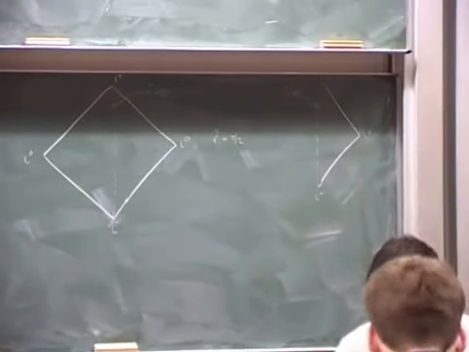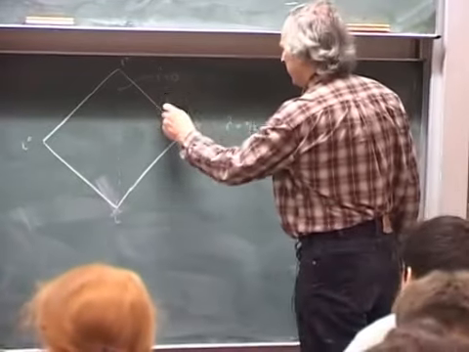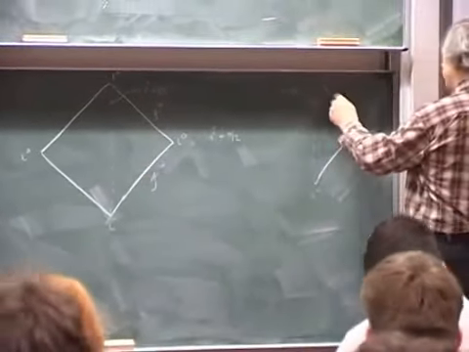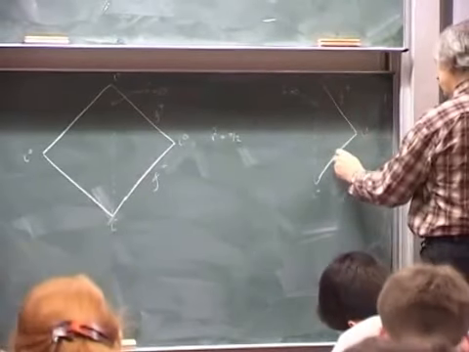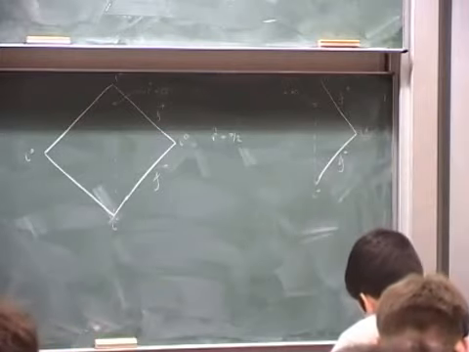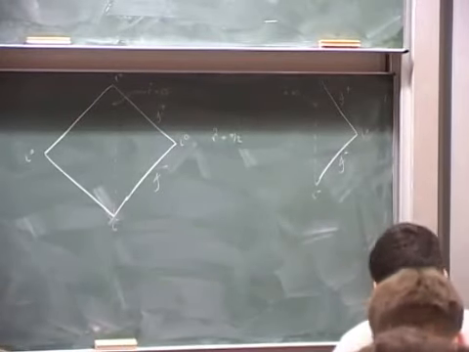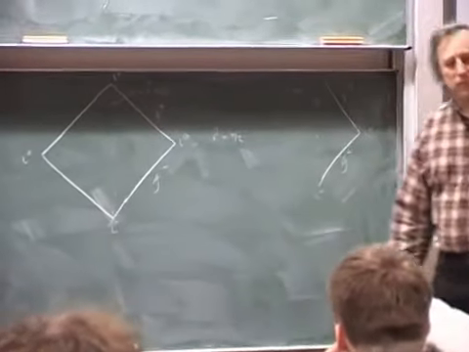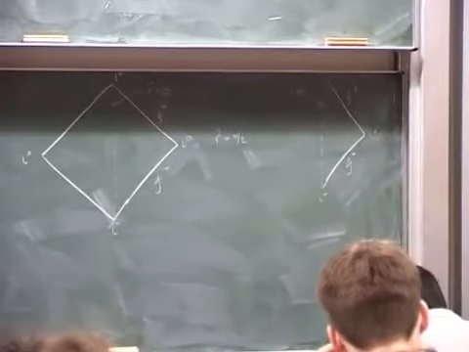Null infinity is labelled as these points, lines I should say, scri plus and scri minus. And so the thing looks like that. Now in this picture, all light cones, remember that conformal maps were angle preserving.